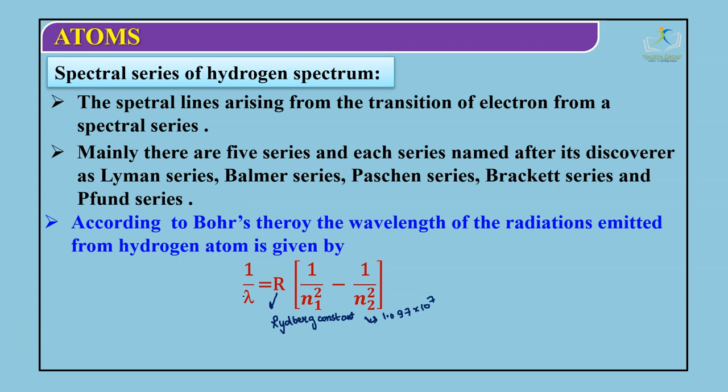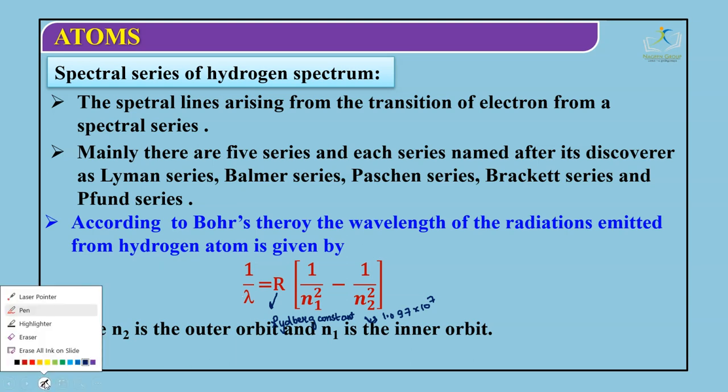From here we can calculate the value of lambda, by which the photon is radiated, that is, the color of the photon. n2 is the outer and n1 is the inner orbit.